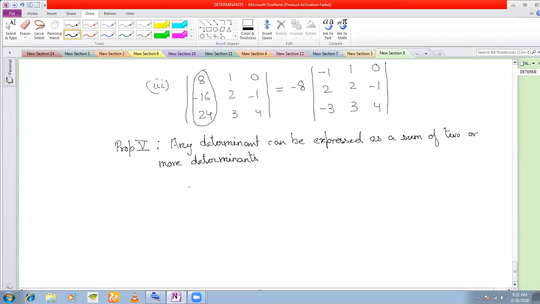Now, what does this property mean? Example. This is quite a straightforward property.